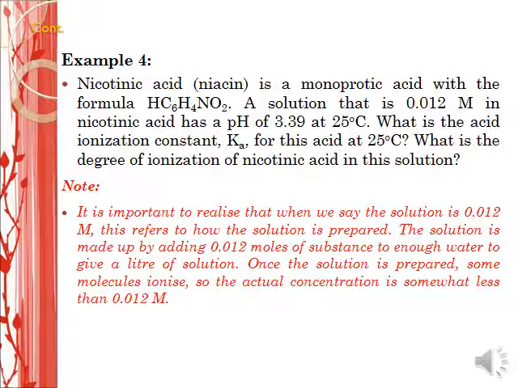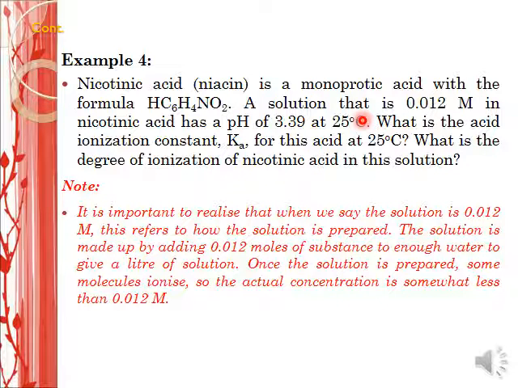To understand this better, we look at the following example of nicotinic acid. This is obviously a weak acid because it's not one of the 7 strong acids that you need to memorize. Nicotinic acid is a monoprotic acid, and this is its formula. The concentration of nicotinic acid is 0.012 molar, with a pH of 3.35 at 25 degrees Celsius.